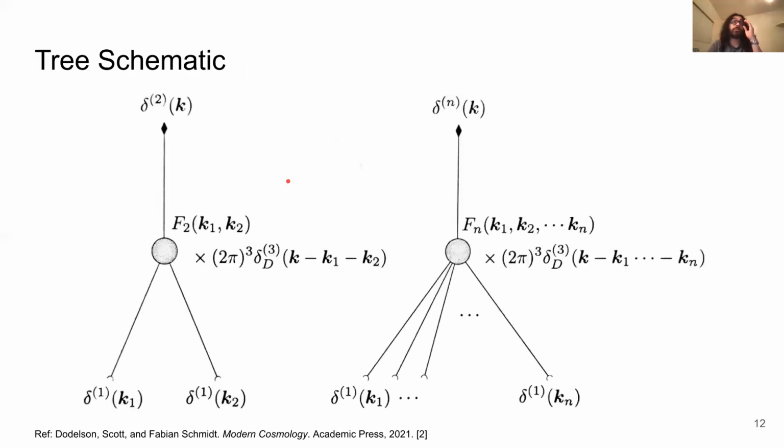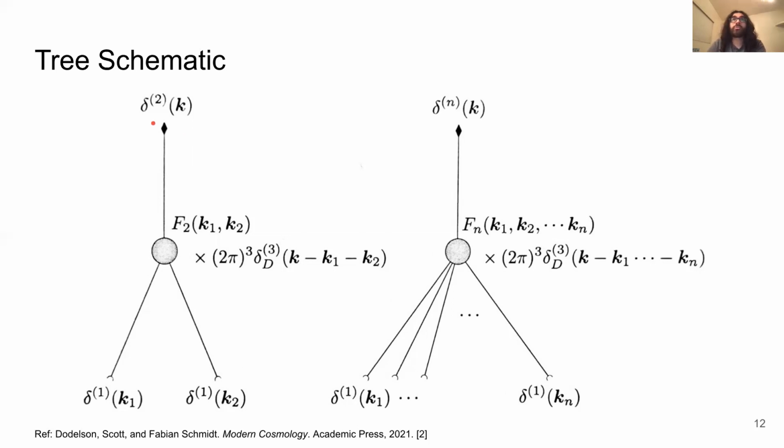And so it's a little bit easier to see, I think, with these kind of tree schematics. So the second order density perturbation, delta 2, depends on 2 delta 1s, each evaluated at a different k, and you just multiply them together along with this F2 polynomial, as well as the appropriate factors of 2 pi and a delta function, and that gives us our second order correction.